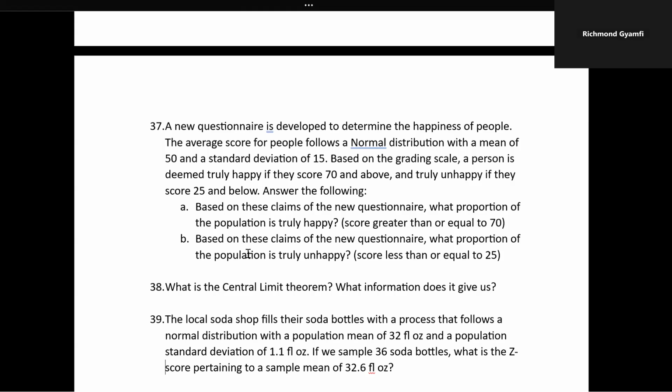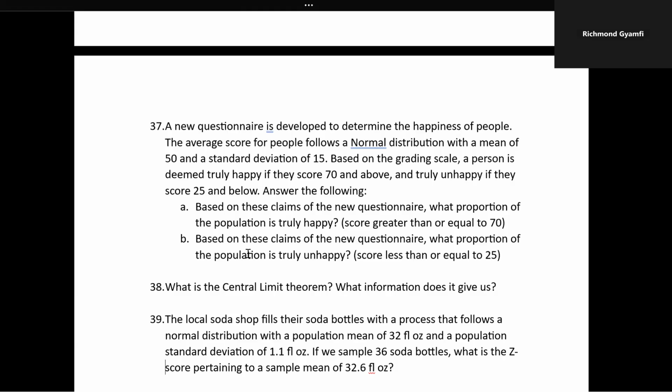Based on the grading scale, a person is deemed truly happy if they score 70 and above, and truly unhappy if they score 25 and below. Answer the following questions. Based on these claims of the new questionnaire, what proportion of the population is truly happy? Score greater than or equal to 70.